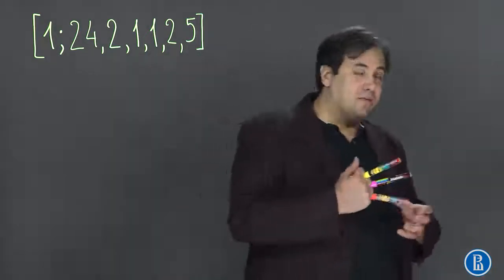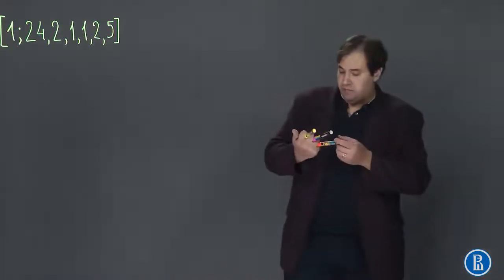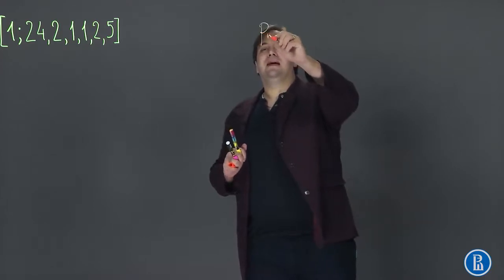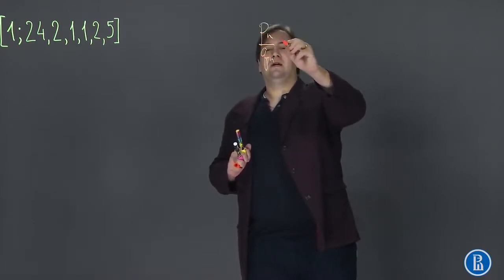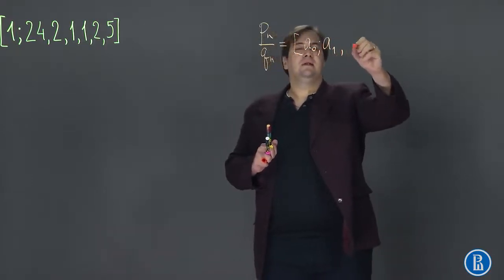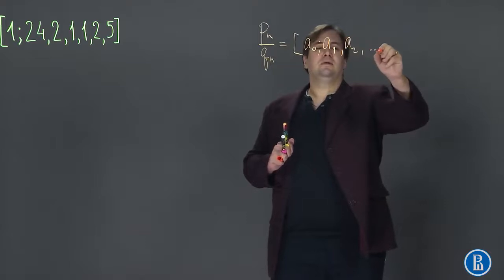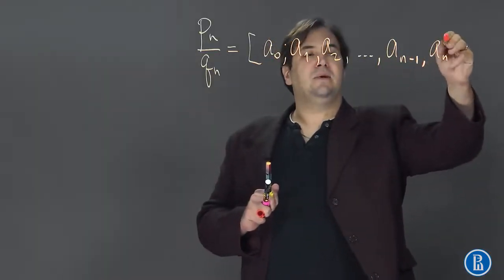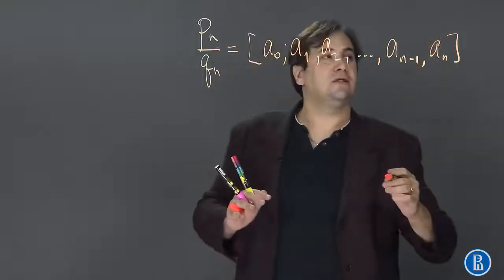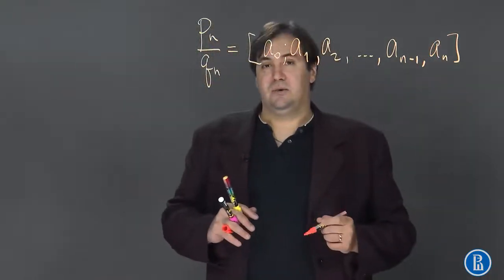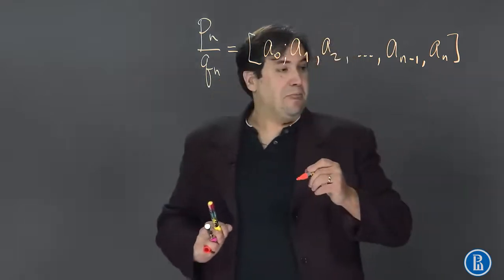Let's first consider the general situation and put Pn over Qn to be equal to [A0, A1, A2, and so on, An minus 1, An], well, simply a finite continued fraction, a convergent, which is equal to this continued fraction.